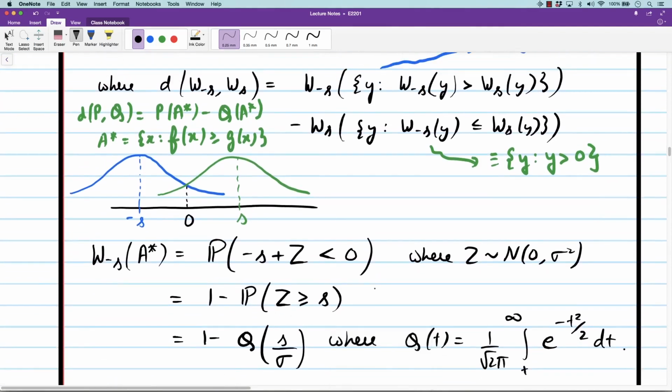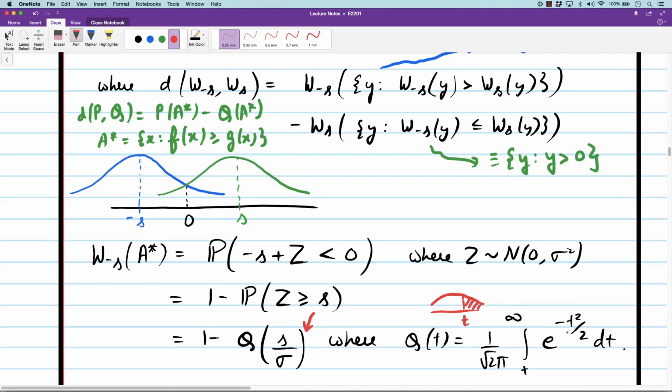So this probability here is typically denoted by the Q function. Q of t is simply the right tail of a Gaussian distribution. So if this is the Gaussian density, Q of t is the area in the right part of t. And therefore you can express this probability as Q of s by sigma.